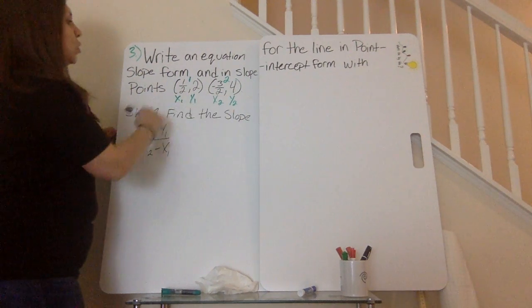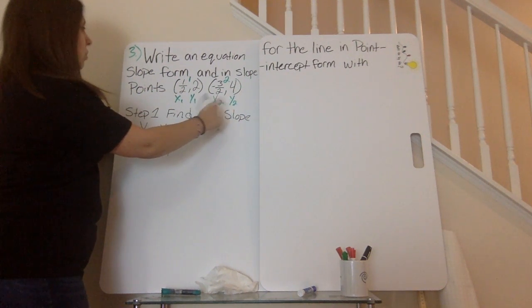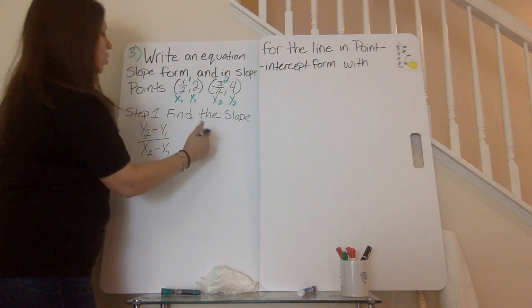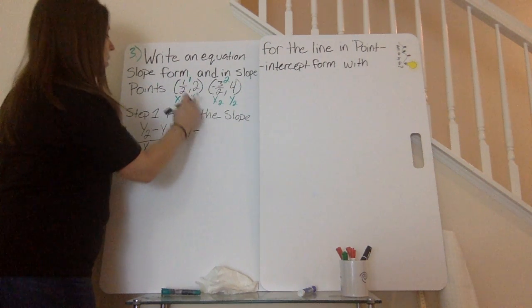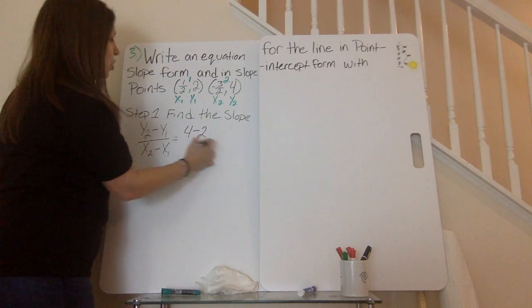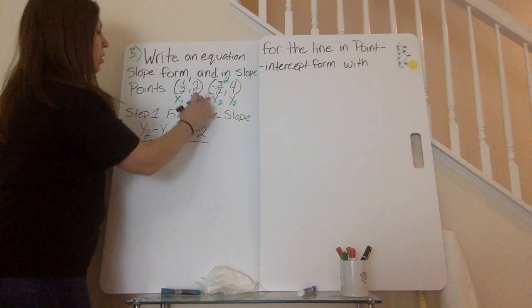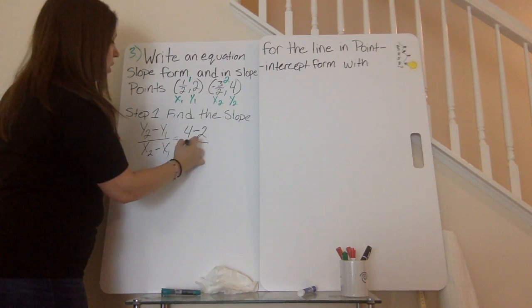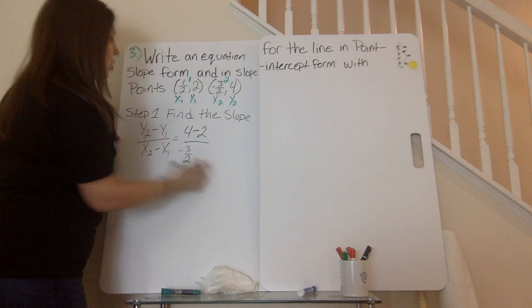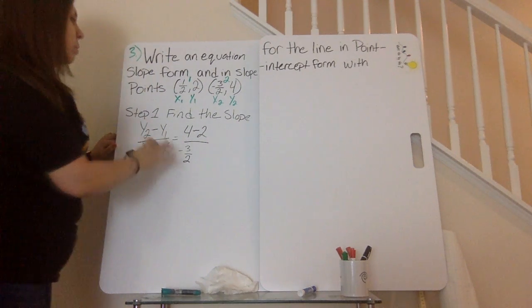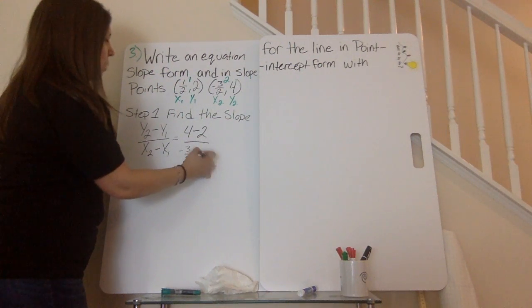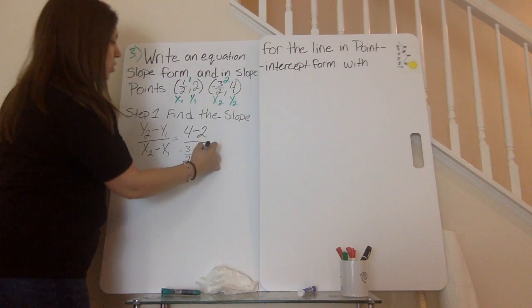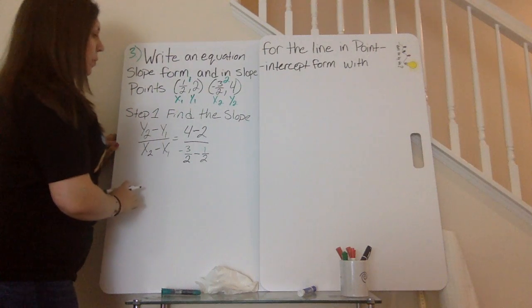So we look at our 2 points. y2 would be 4. So we would write a 4 minus y1, which is 2, over x2 is -3/2. And even though we do see fractions, don't worry about that. That will take care of itself. Minus our x1, which is 1/2.